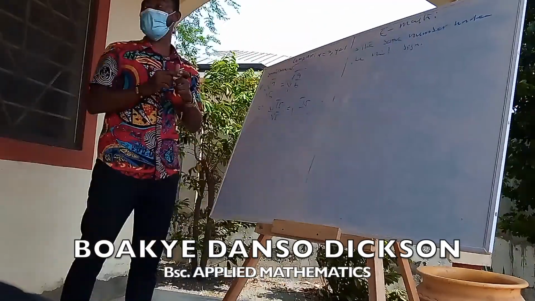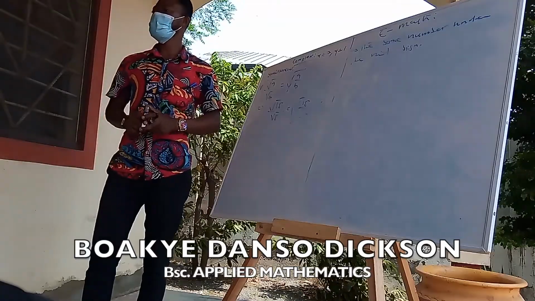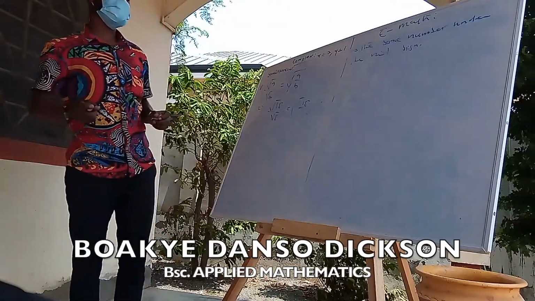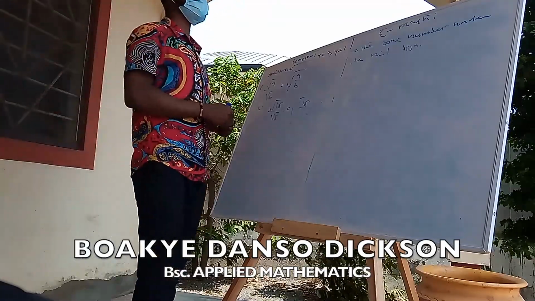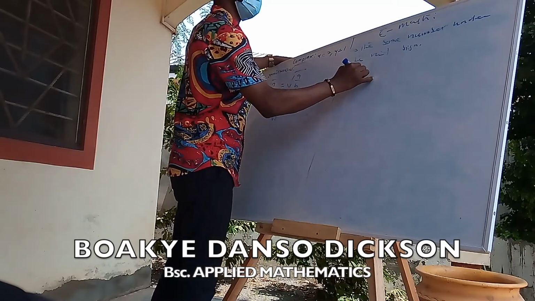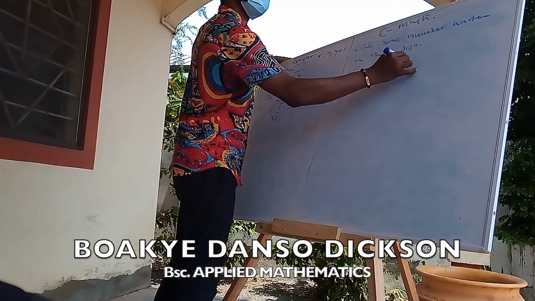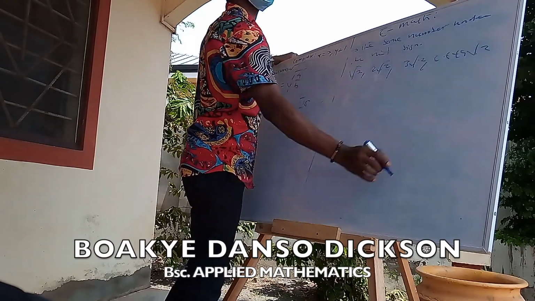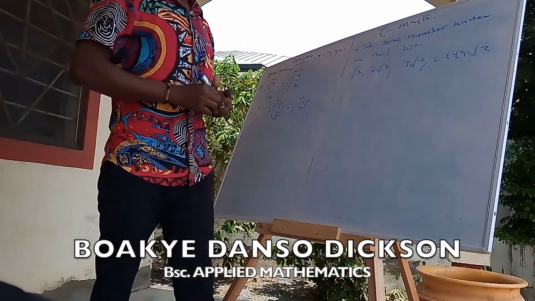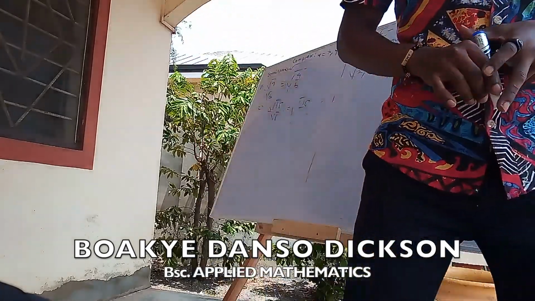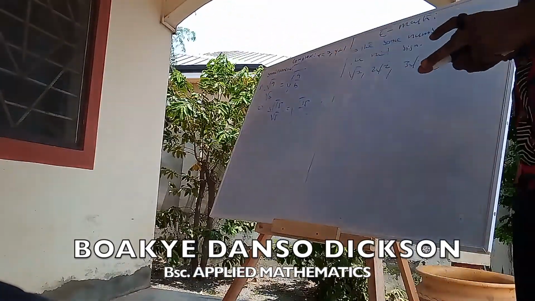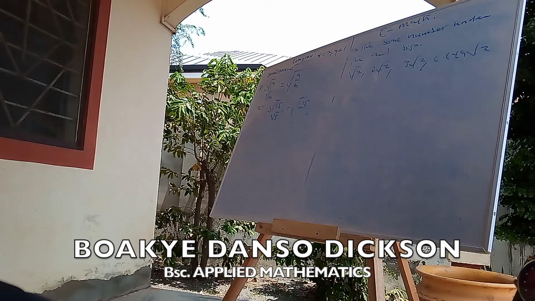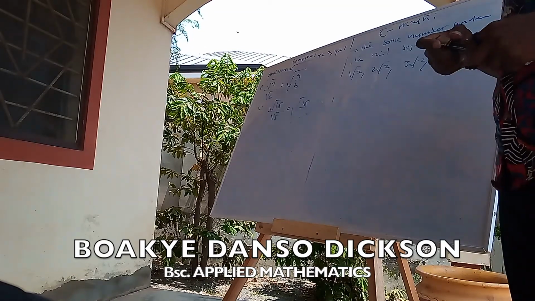For example, you have √2, 2√3, √2, 0.649√2. These sets look alike. Good.